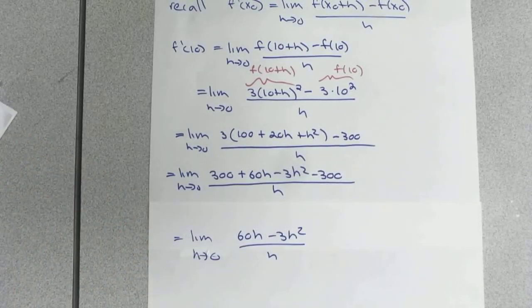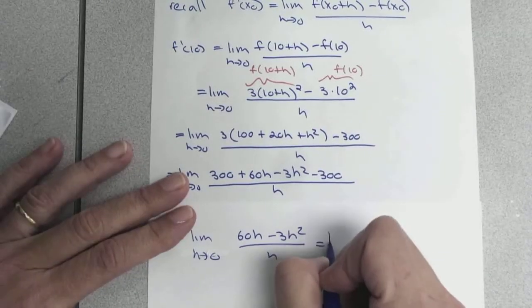And then remember, we want to cancel that h. And you've got a couple options here. Since every term has an h, you can divide h from all terms or cancel h from all terms, whichever you want. Or we can do this.